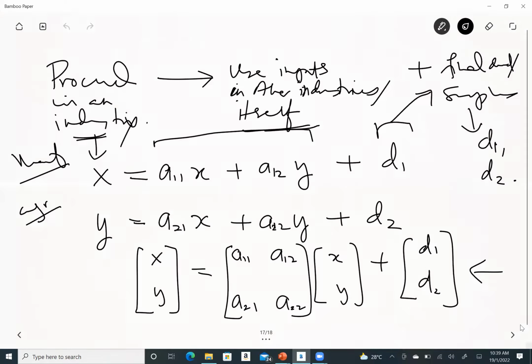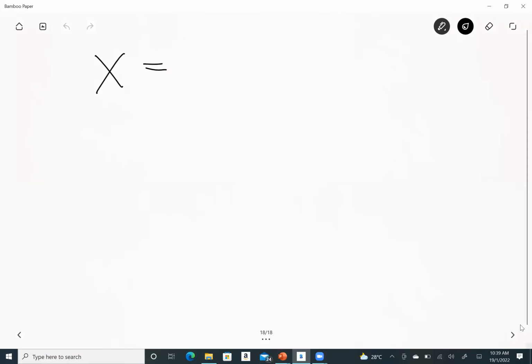In matrix form, X equals A, the matrix of coefficients, multiplied by X, plus D. So AX plus D, that is in matrix form.